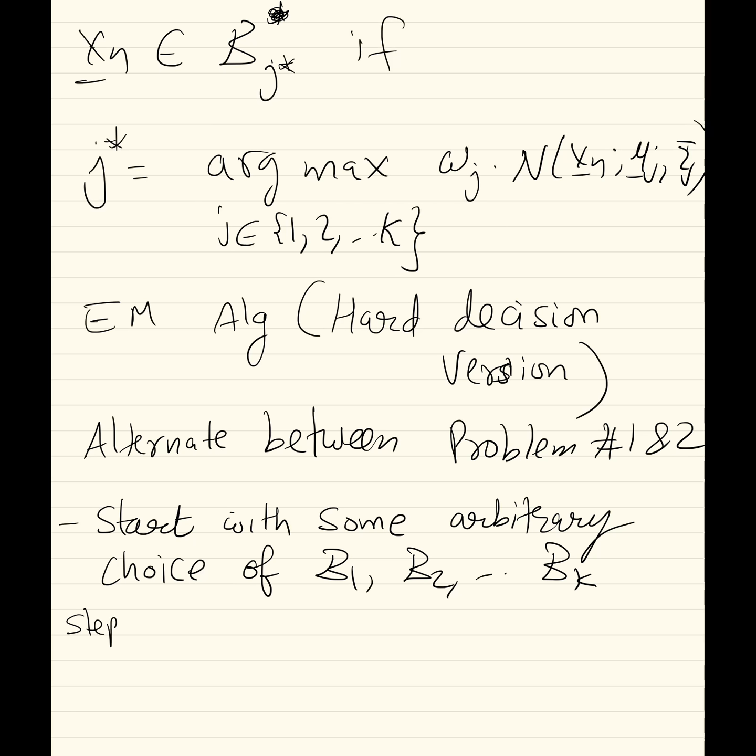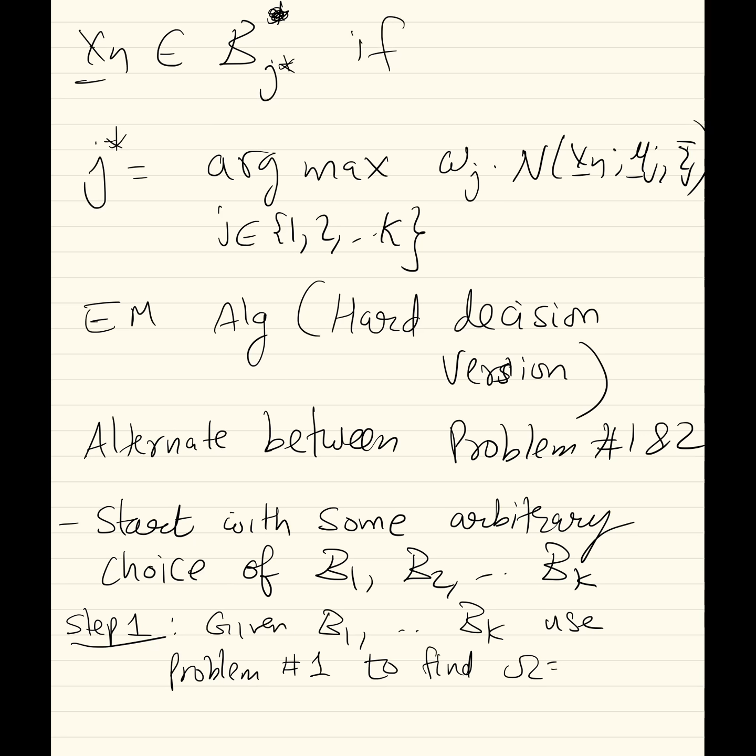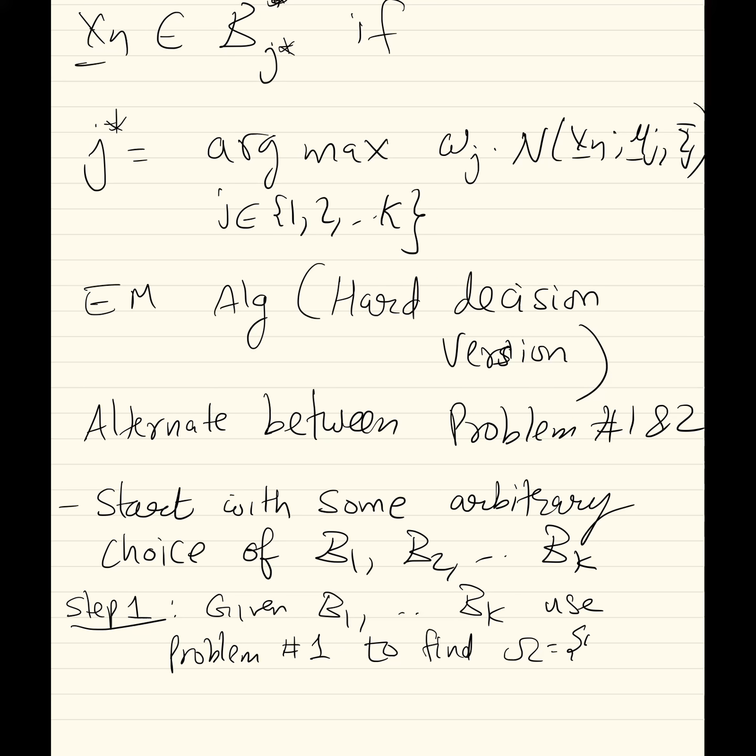Then step 1 is, given b1 to bk, use problem number 1 to find omega, which is wj, mu j, and sigma j.